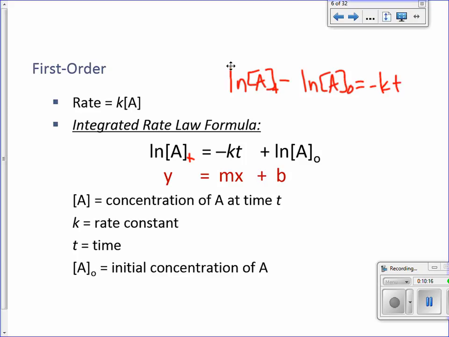In kinetics, they do give you a few of the equations on here. They give you the first order integrated rate law, they give you the second order integrated rate law, and they give you the first order's half-life equation. That's pretty much all they give you for the kinetics little section on the sheet.